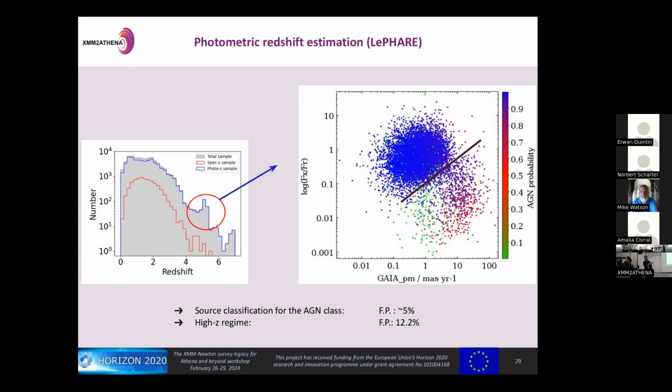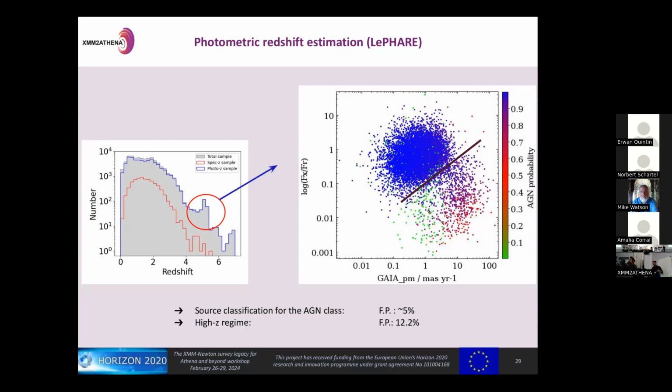So we had to exclude them by hand, and the point here is that even though the ML classification for the AGN class is 5%, that corresponds to the full population. When we go to high redshift, this percentage goes to 12, 13%.